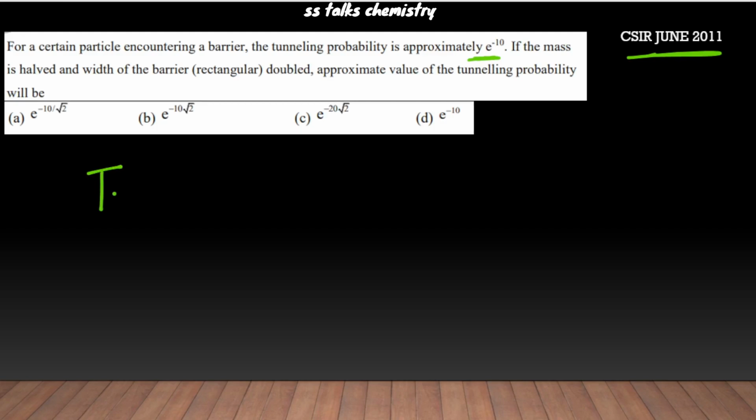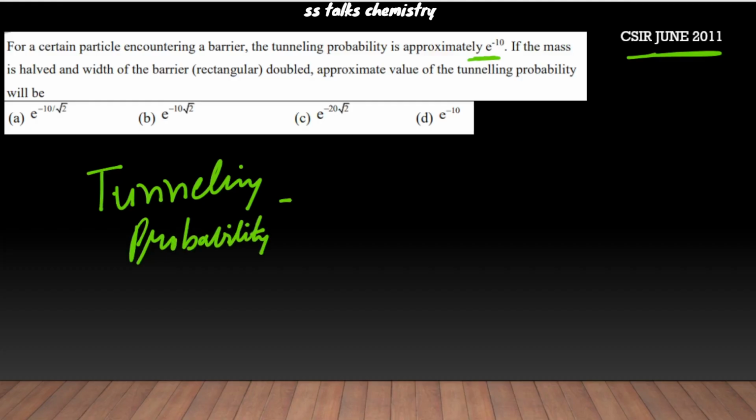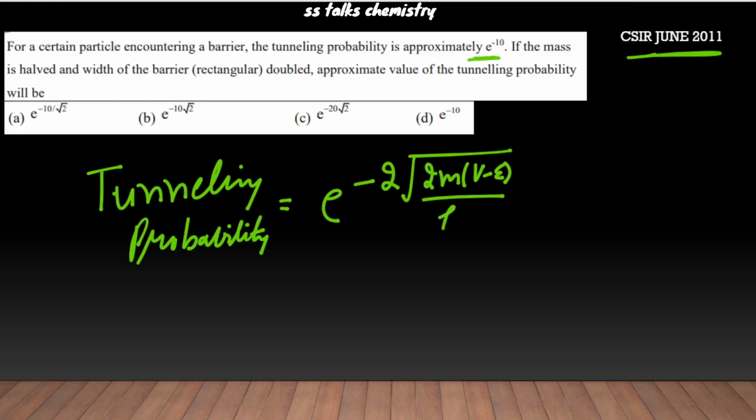We know that the tunneling probability is equal to e raised to the power of minus 2 under root of 2m times (V minus E) upon h cut into L. Now its value is given, it is e raised to the power of minus 10.